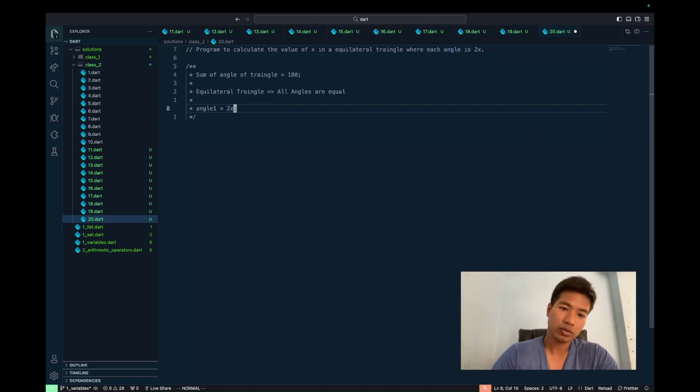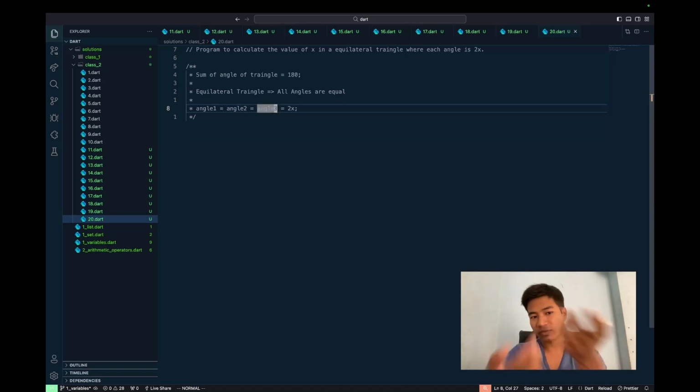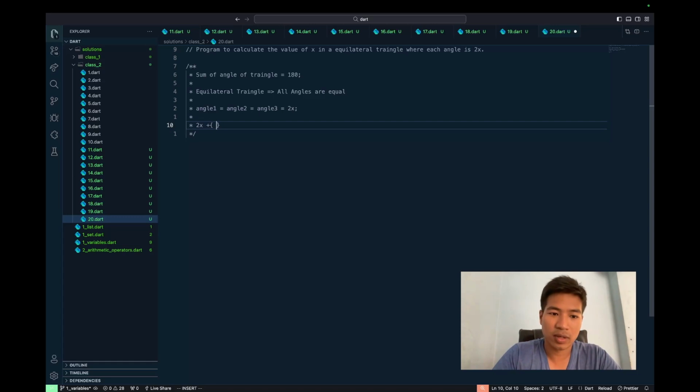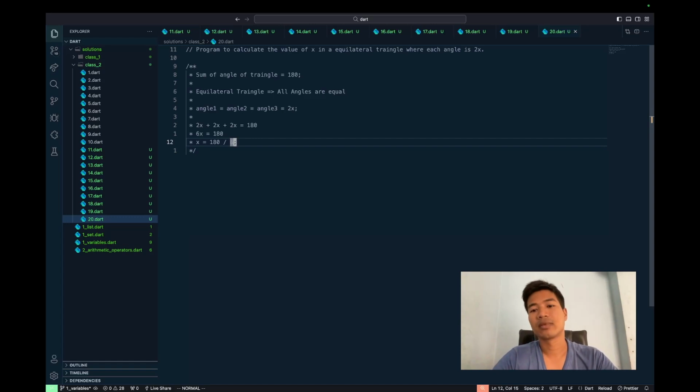Angle 1 is x, angle 2 is x, angle 3 is x. So x plus x plus x, 3x, is 180, so x is 180 divided by 3.